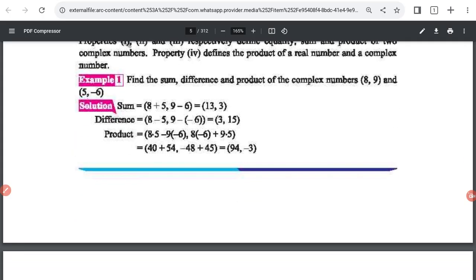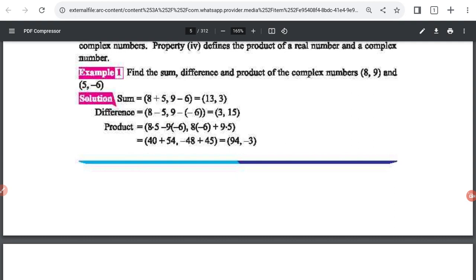So the first example we have: find the sum, difference and product of complex numbers (8, 9) and (5, -6).